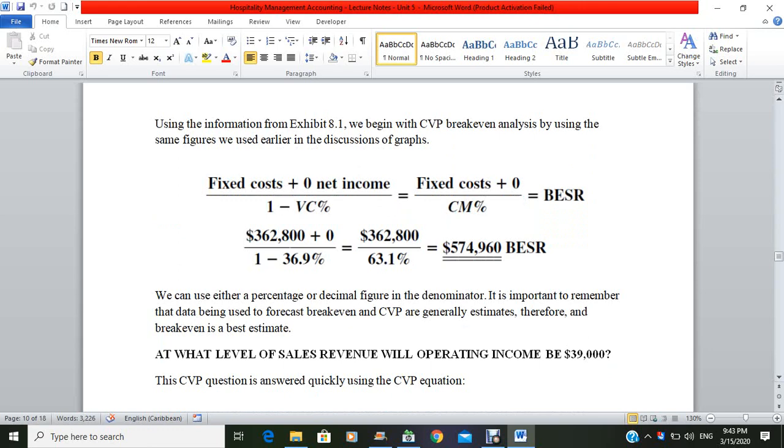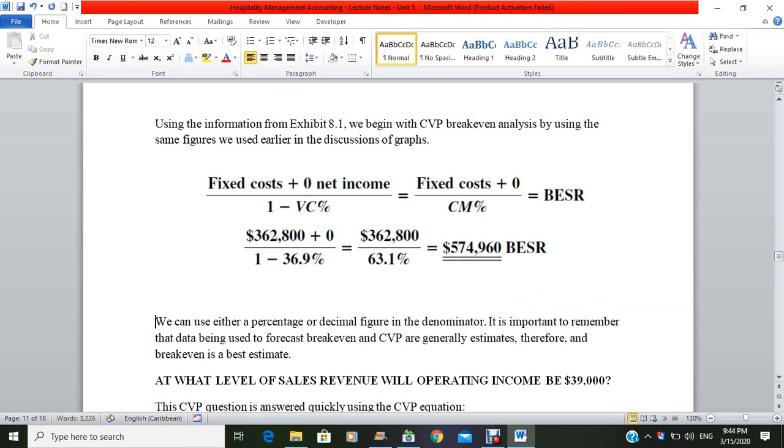Please note that this 63%, what you should really be doing is to change it to a decimal. Good? So I'll show you. Watch this now.